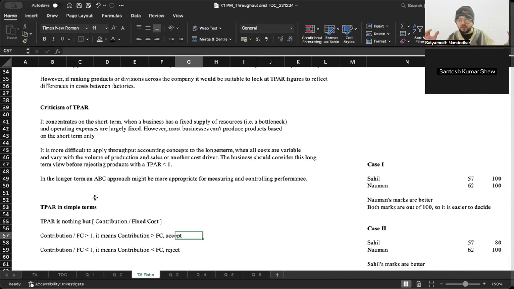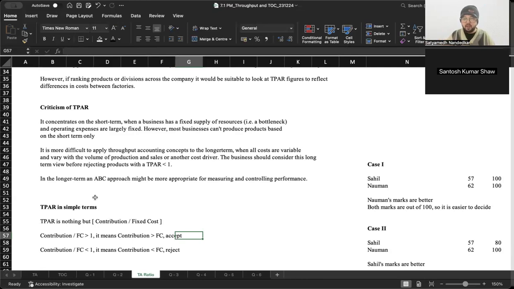So if I were to look at TPAR from a traditional management accounting lens, I could replace my numerator, which was return, which was basically throughput, with contribution. Denominator, which spoke about other fixed costs in the organization, can be replaced with fixed cost here. And if contribution upon fixed cost is greater than 1, naturally that means contribution is enough to recover the fixed cost.